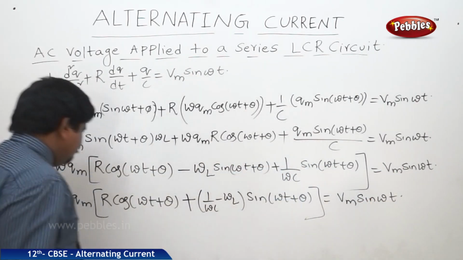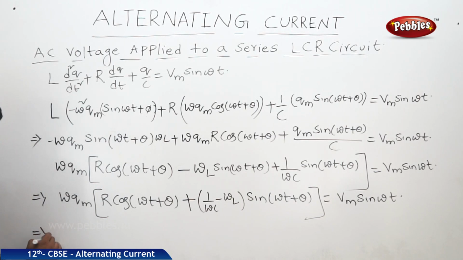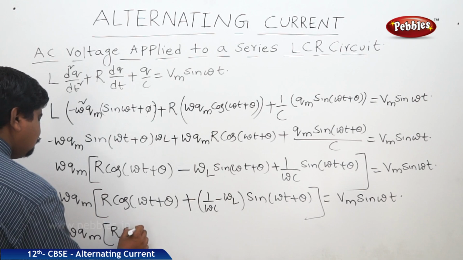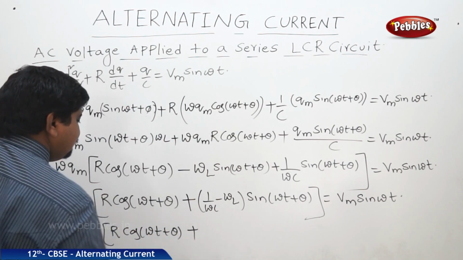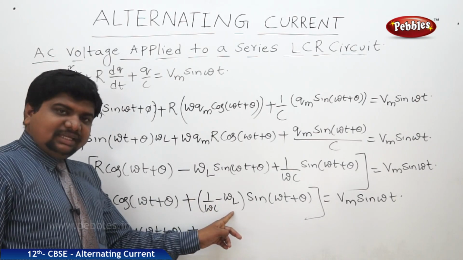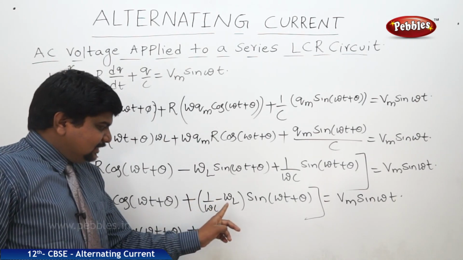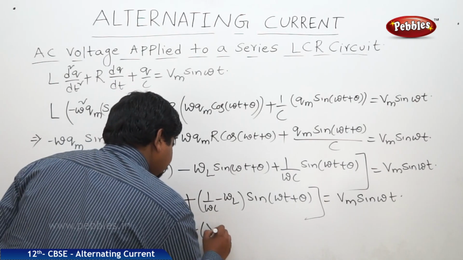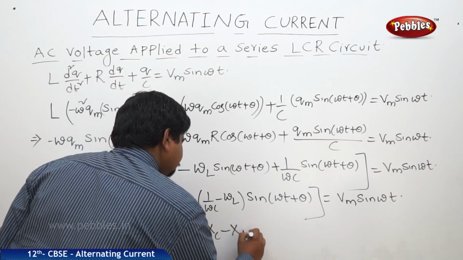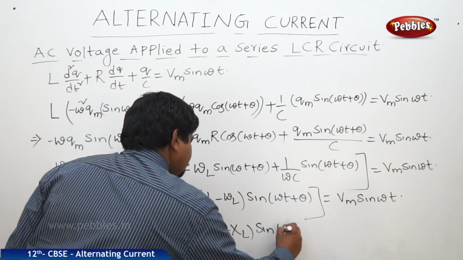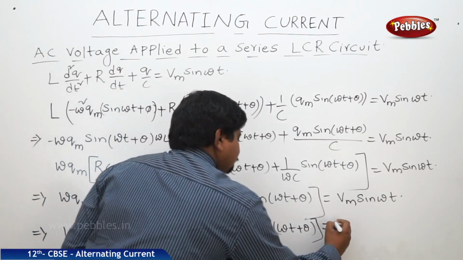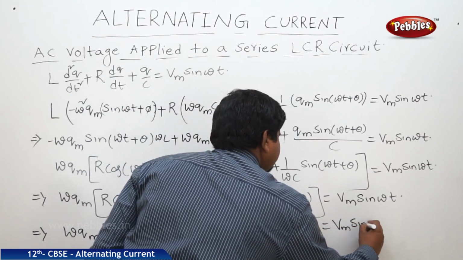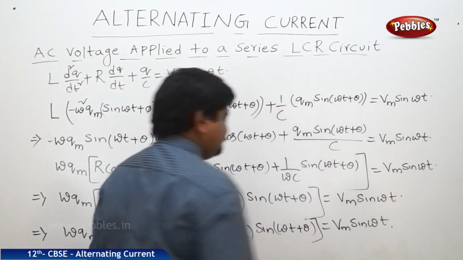Therefore, we came to the last part. ω qm into R cos(ωt + θ) plus (1/(ωC) minus ωL), it is XC, it is XL, into sin(ωt + θ) is equal to Vm sin ωt.